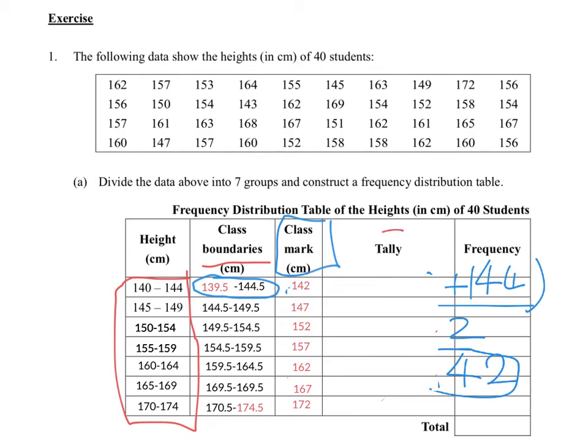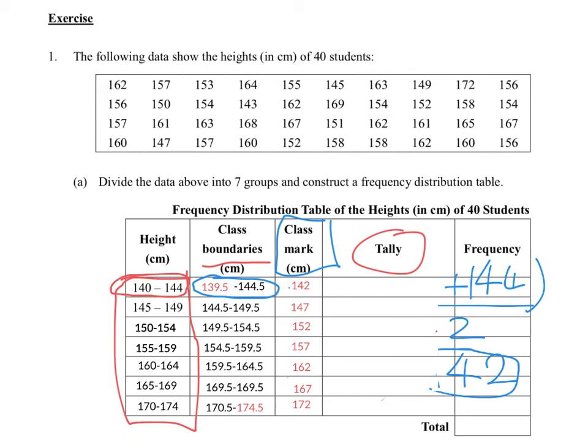So we go to the tally. Tally is a very useful tool to count the number of data belonging to the groups, which should have been learned in secondary 1. So I will show you how to use the tally to count the number of data now. For the first group, the data lies between 140 to 144. So I count it now.